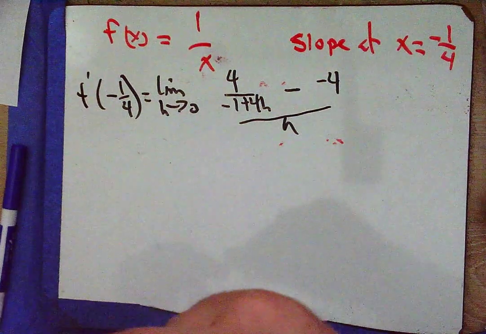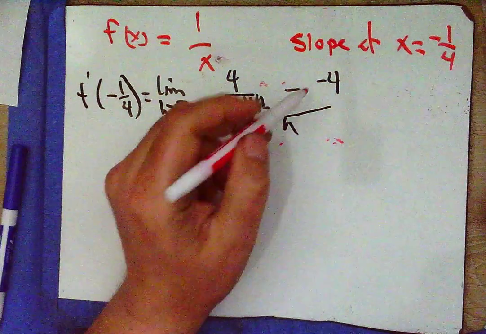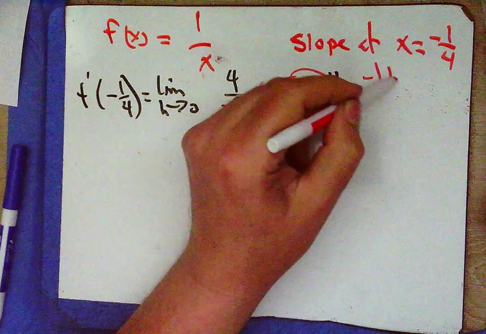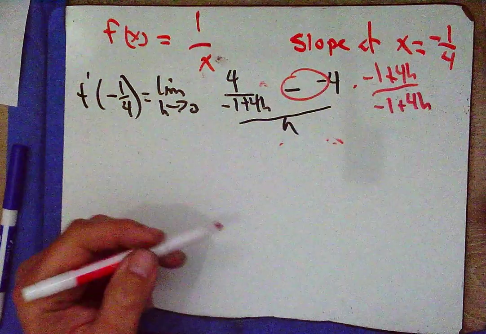So now I've got two things up top, and I need to make a common denominator so I can add them together. So I need a negative 1 plus 4h, negative 1 plus 4h.